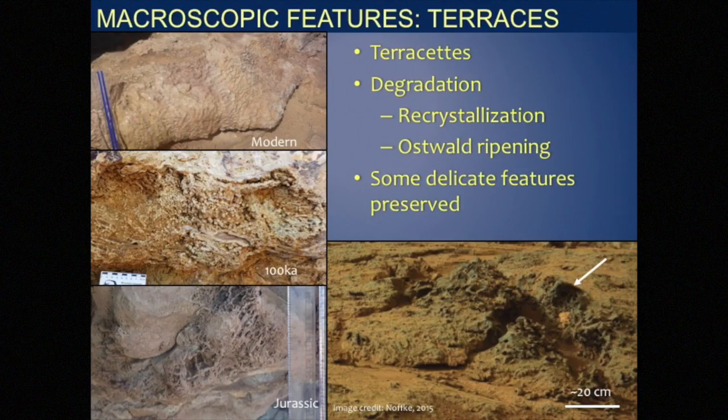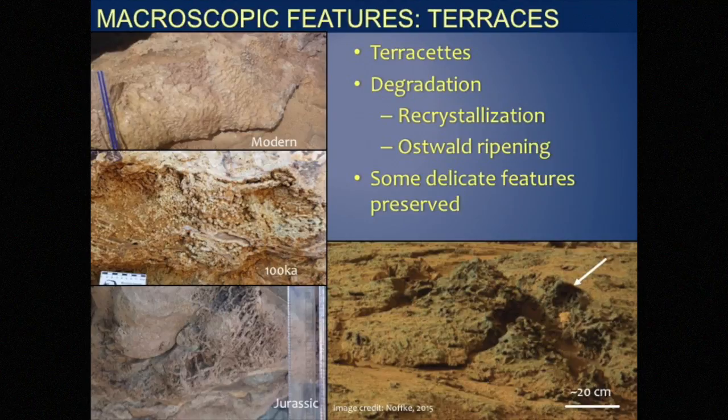Okay, here's another feature. These are terracettes, or as we've been calling them, kind of delicate features. But these terracettes have also been proposed as a biosignature. They are being preserved on geologic timescales. There's also some similar features which you cannot see in this picture here. You can see it on my computer.